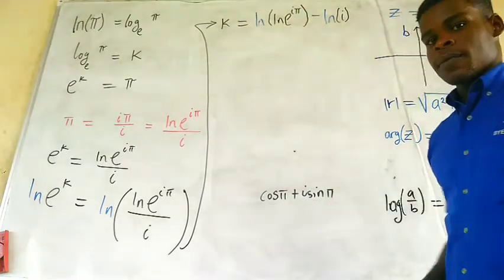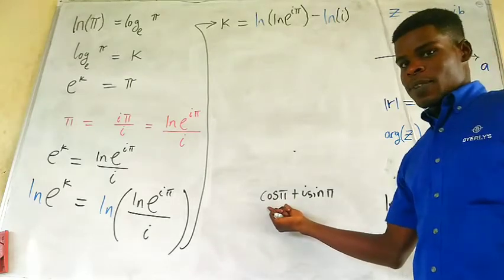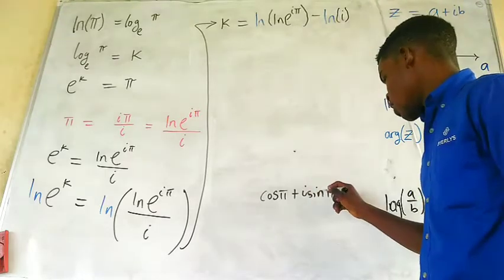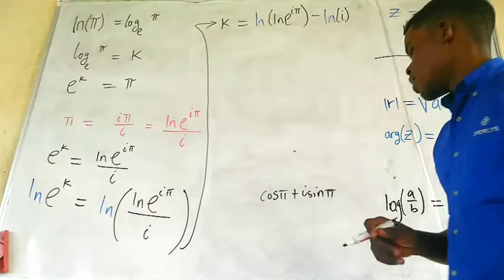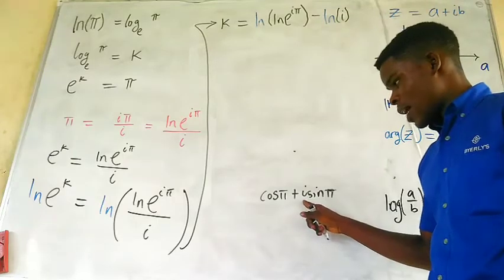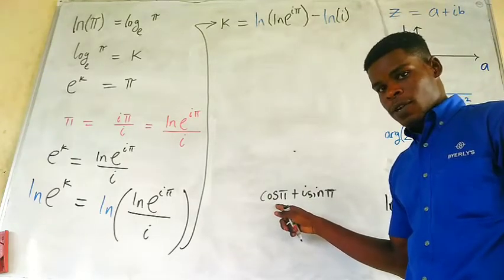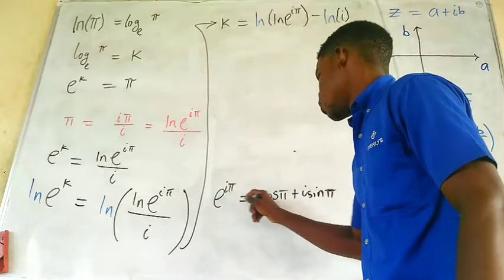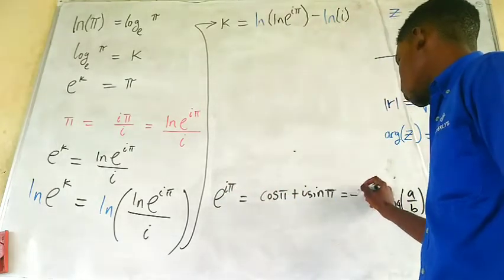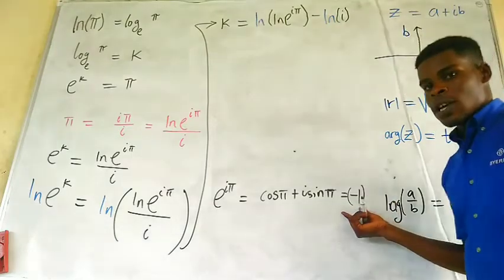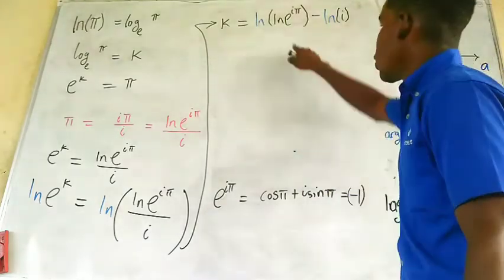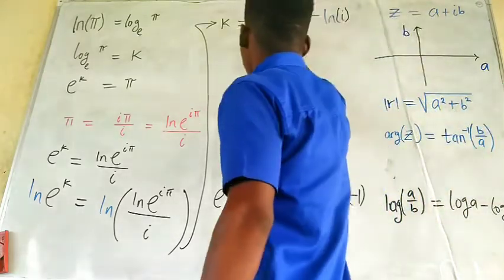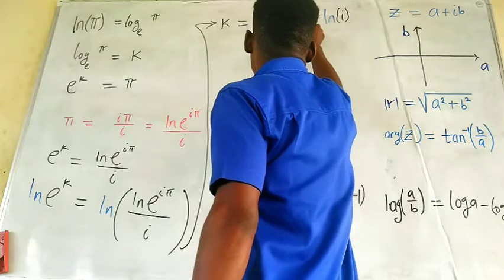Here, cosine pi is the same thing as saying -1, and sine pi, where pi here is 180 degrees, sine pi is 0. So 0 times i is just 0, and cosine pi is -1. That simply means that e to the i pi is equal to -1. So in place of e to the i pi, I can plug in -1 right here. And what do we get? Ln of -1.